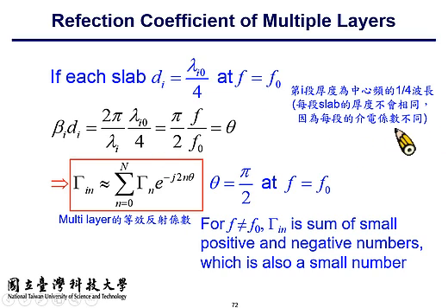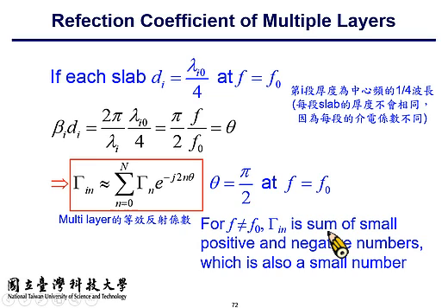Okay. And here you specify that each slab is a quarter wavelength at the center frequency, and the thickness of each slab is a little bit different. Because of the quarter wavelength property, the sign of the reflection will alternate between small positive and negative numbers.